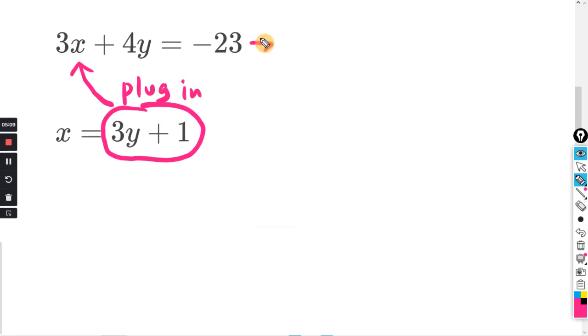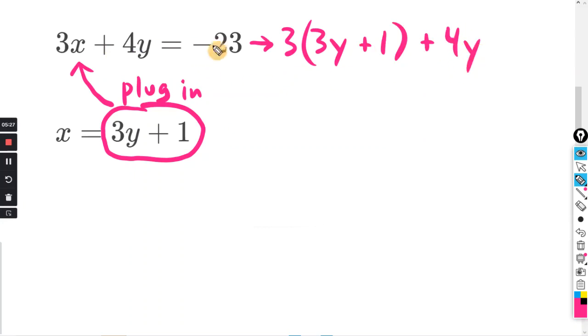Okay, so we have 3 times x, and that's going to be 3. In place of x, we have 3y plus 1. And then plus 4y equals negative 23.